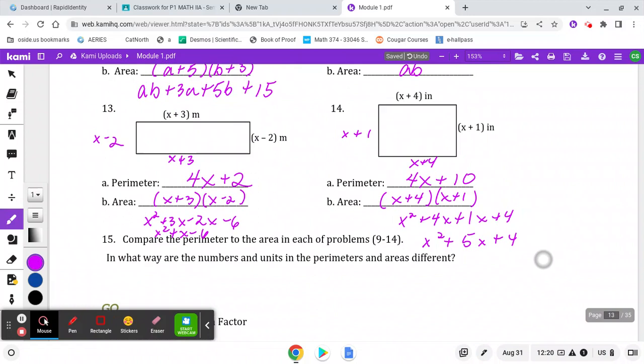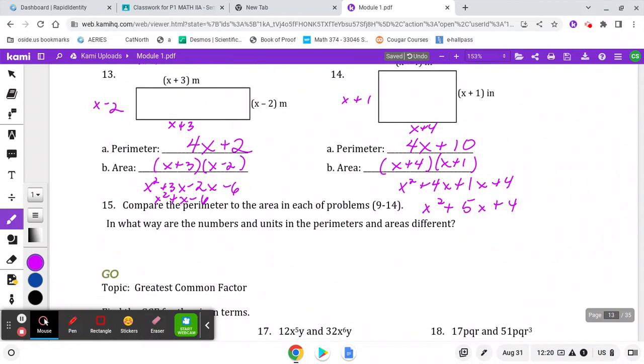Okay. In what way are the numbers and units in the perimeters and areas different? Compare the perimeter and the area in each of the problems in 9 through 14. So some are single terms. Some are, I don't know what word I can use here that you guys will already know.